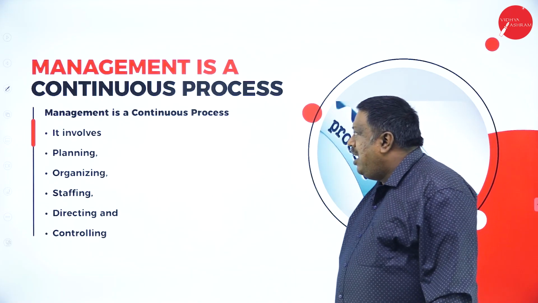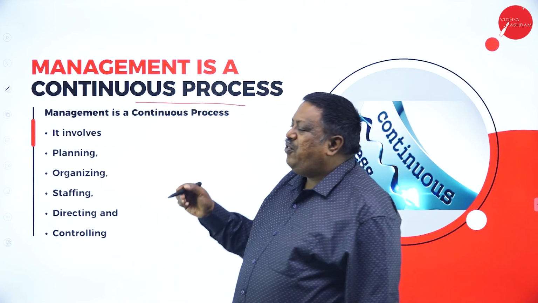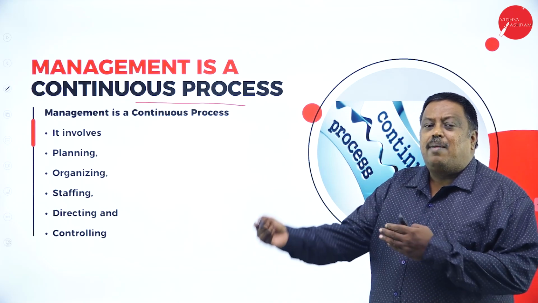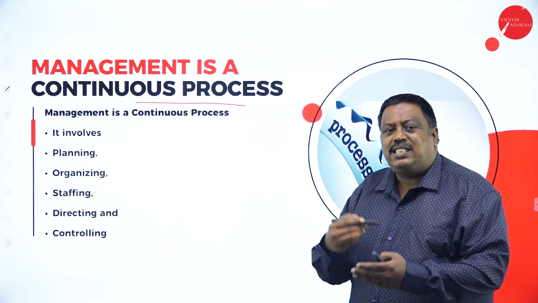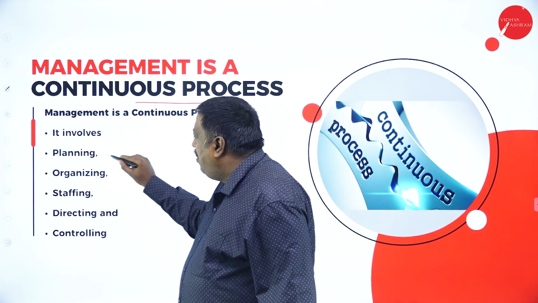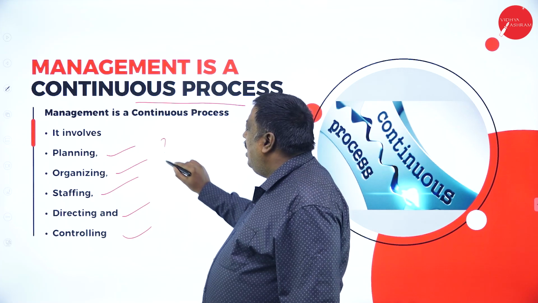And the next one, management is a continuous process. Always we say that when management is continuous, completion of one project leads to taking up another project. Again, it uses the functions of management: planning, organizing, staffing, directing, and controlling.